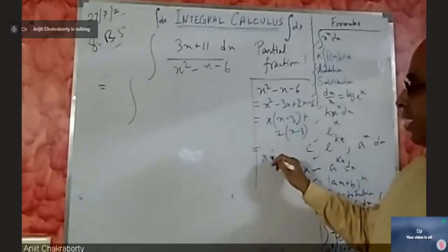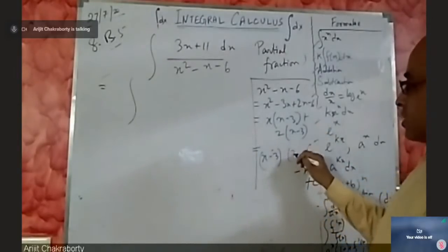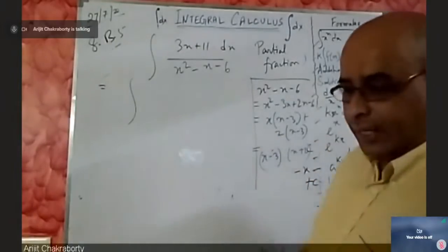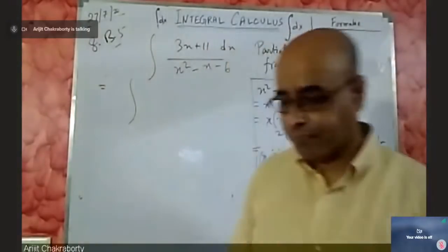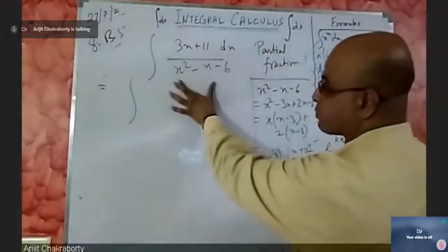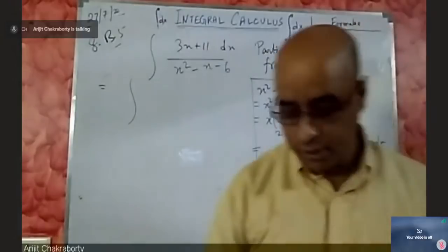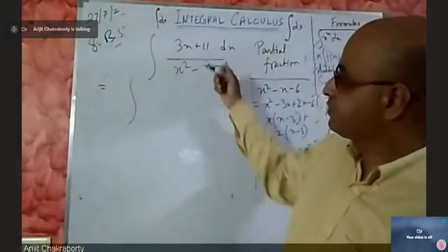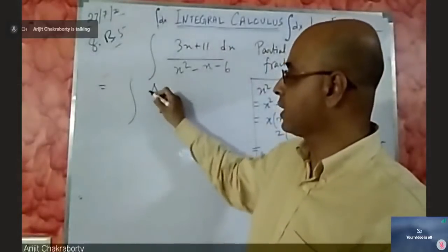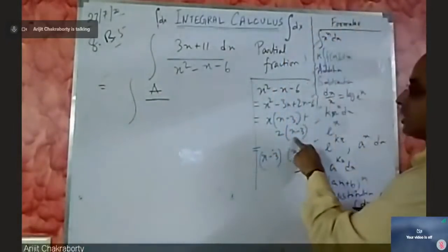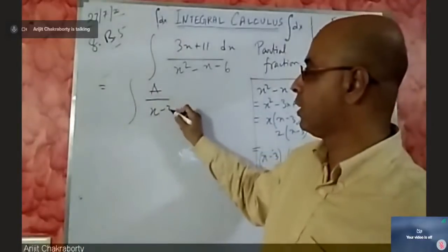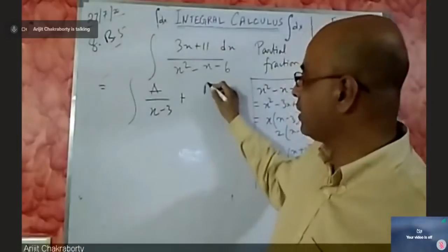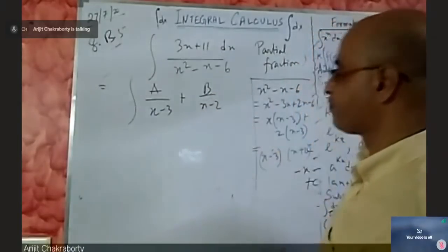So this gives me (x minus 3) into (x plus 2). So this expression can be broken down into A by (x minus 3) plus B by (x plus 2).